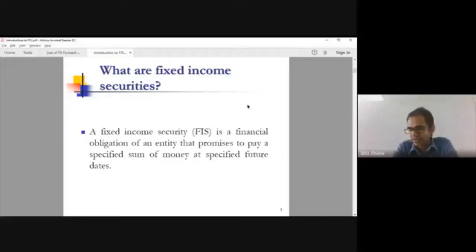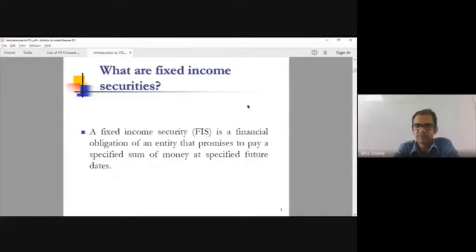To give you an example of a fixed income security which is familiar to you is the government bond. Government bond is a fixed income security. You know that every 6 months the government pays some interest to the investor.